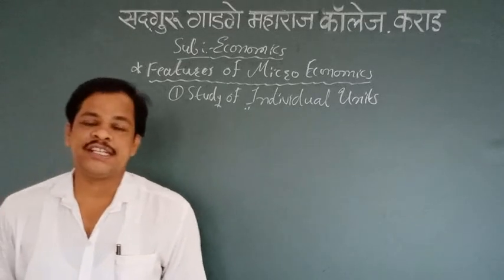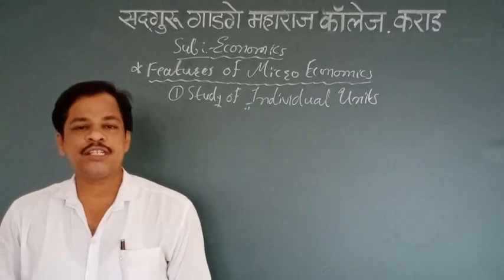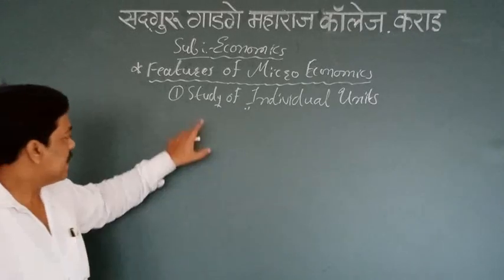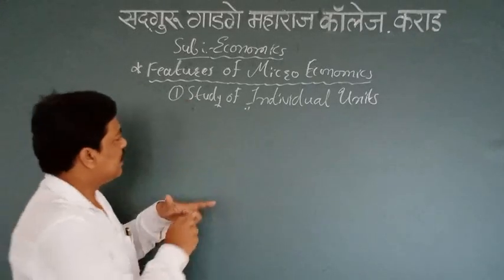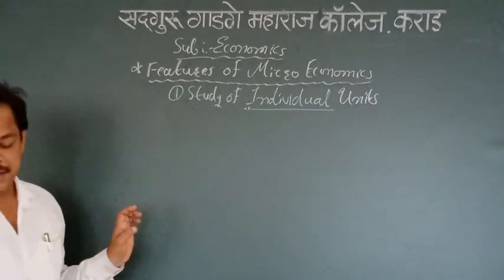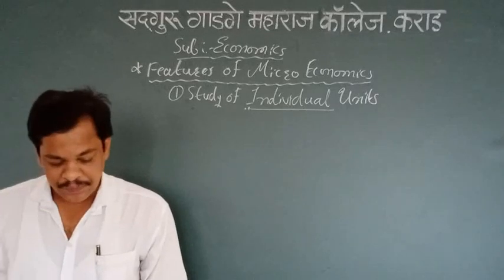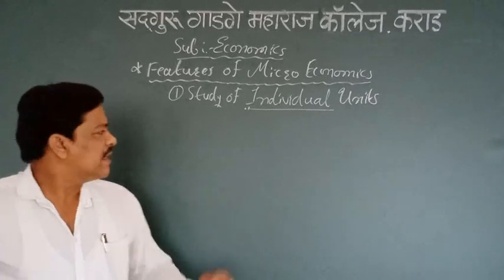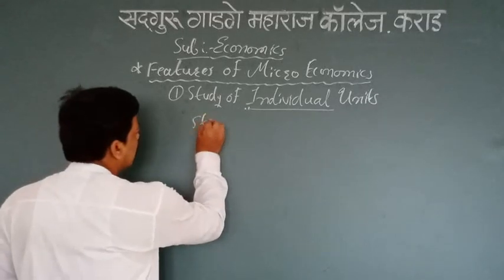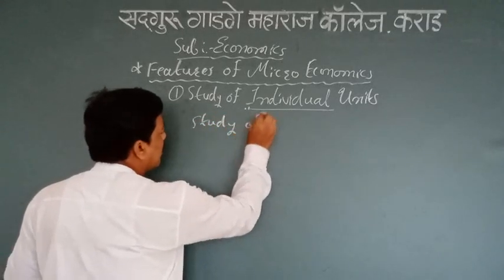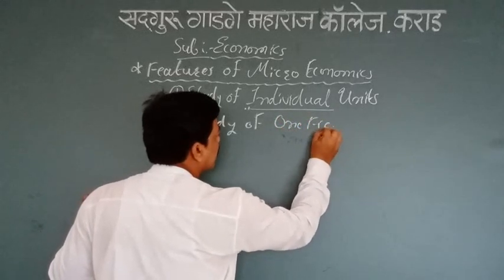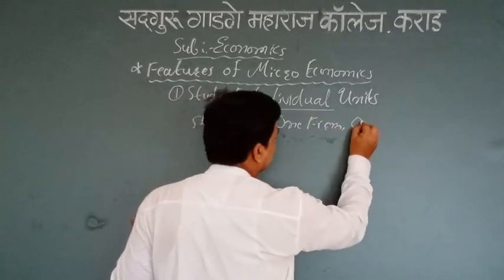In the last lecture I discussed that microeconomics studies the small parts, the individual units. The first point discusses this term, the study of individual units. For example, in this point there is the study of one firm, one household.